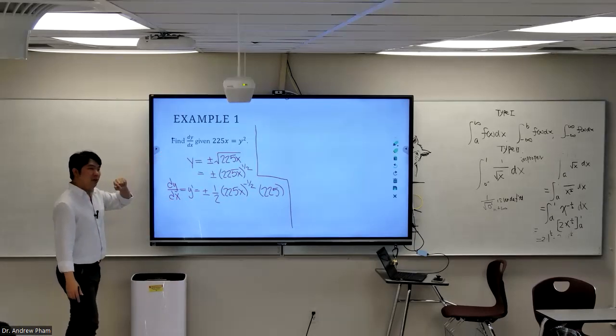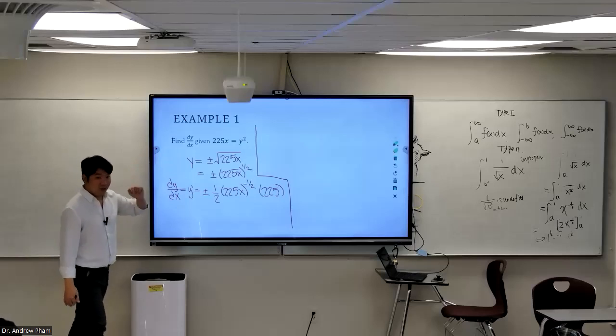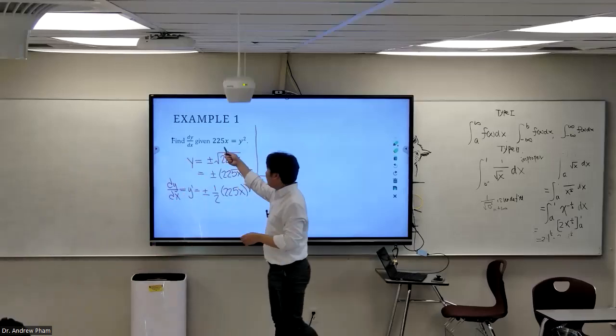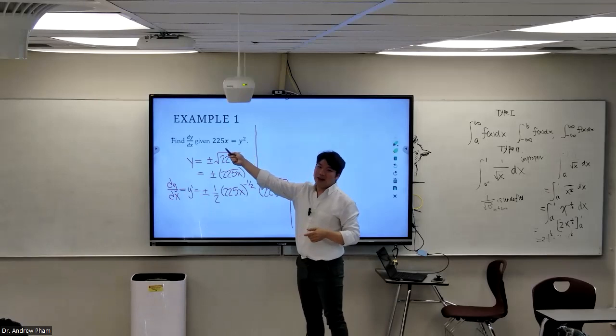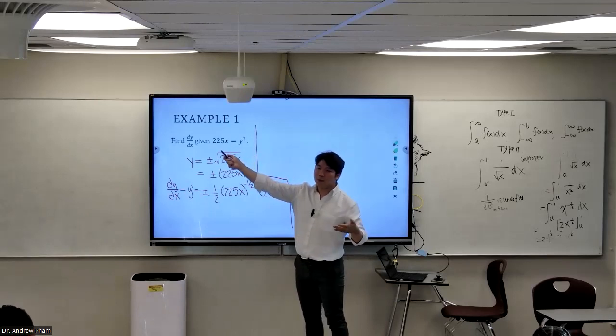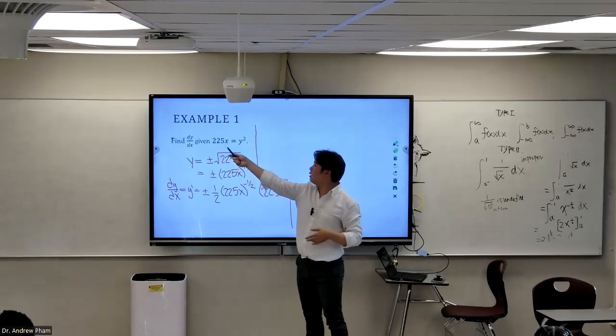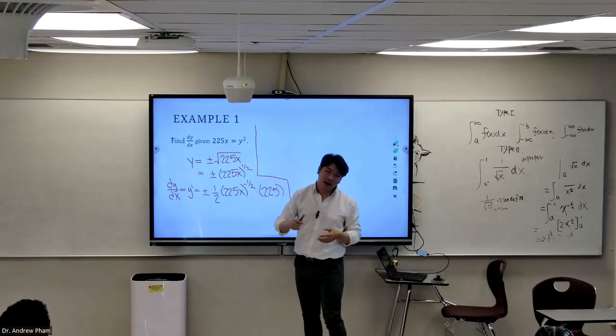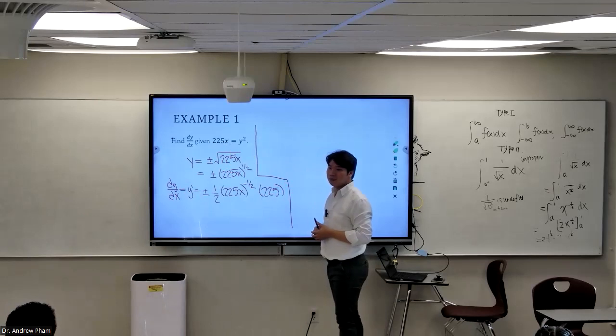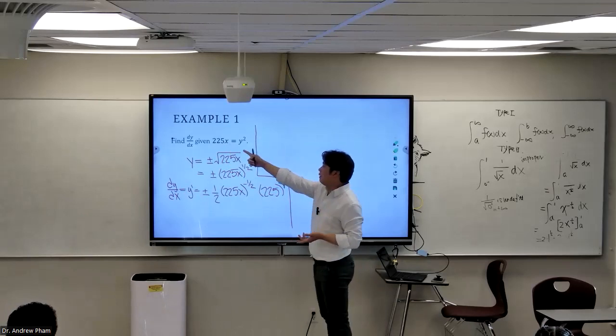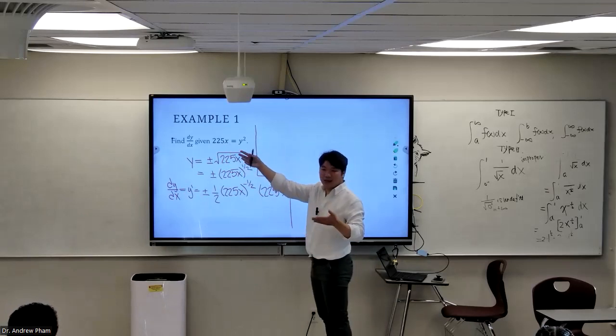Now if I try to do implicit differentiation, here's how I'm gonna do it. If I look at this very directly from the beginning, clearly this is an implicit form. It's not y is equal to whatever, x is equal to whatever. What's the derivative of 225x? Yeah, derivative of 225x would still be 225.